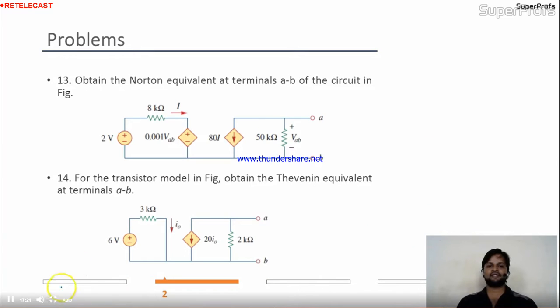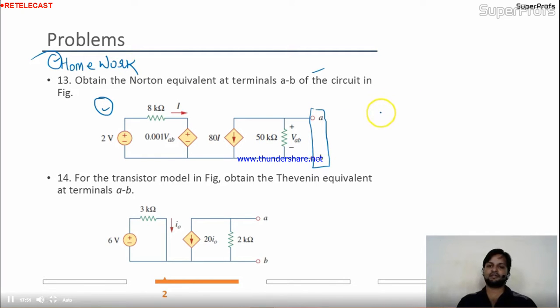Come to the next question over here. Obtain the Norton equivalent at the terminal A and B. Now, this is your homework. In the last question, I calculated the Thevenin equivalent circuit. Now, it's your task to calculate the Norton equivalent across the A and B. Believe me, this circuit is also a very easy problem.